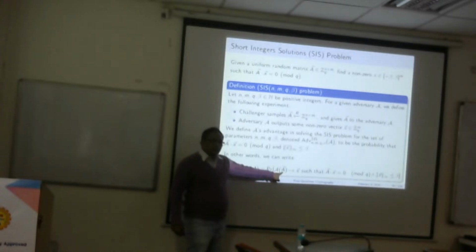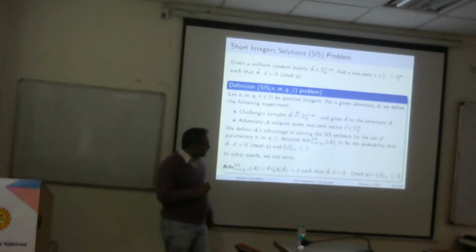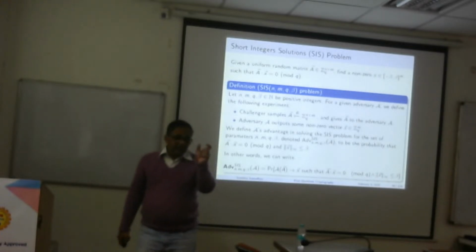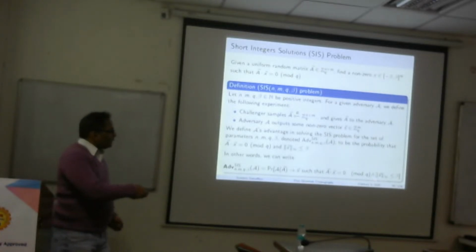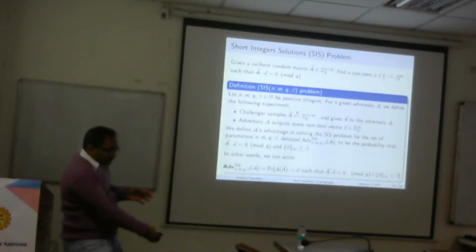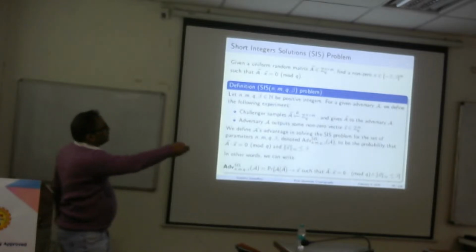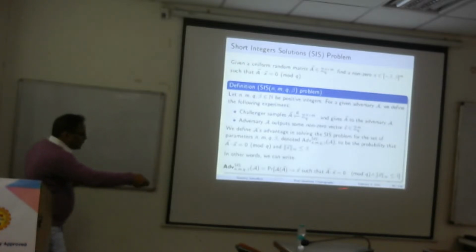Its input is the matrix A. The probability that your algorithm outputs x such that Ax equals 0 mod q, and the infinity norm of x is at most beta. What is the infinity norm? The maximum value inside this vector x. So the infinity norm is beta, which means the largest value in that vector x, in magnitude, is beta. That tells you that the values are between minus beta and plus beta. That's all we are saying. And if you try to solve this problem, the probability that you will find such an x is extremely small.